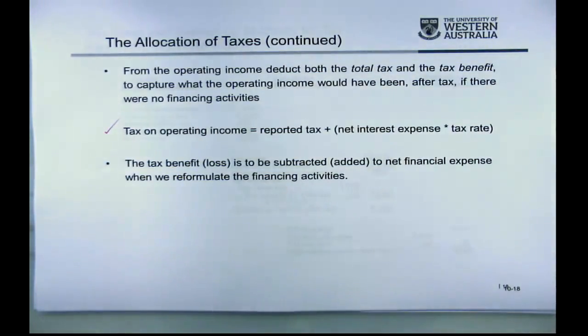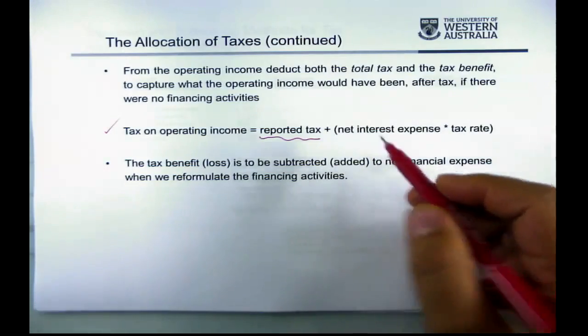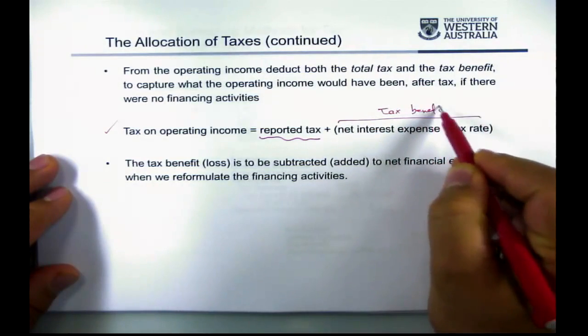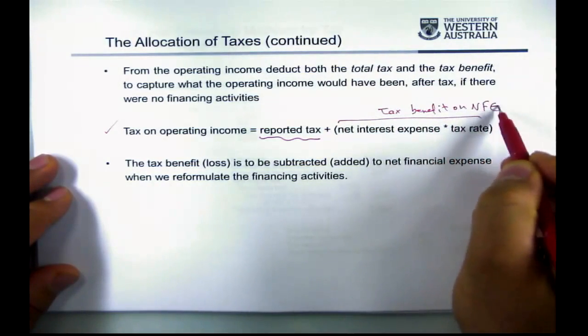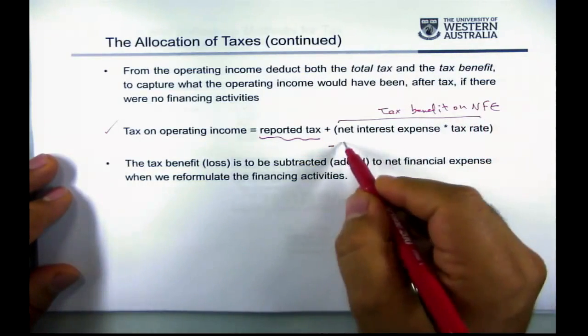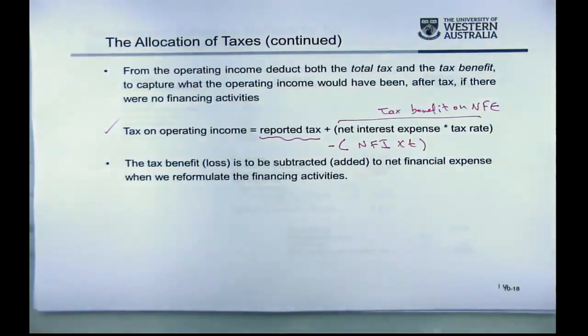Tax on operating income is just equal to the reported tax plus the tax benefit on net financial expense, or minus the tax on net financial income, or minus net financial income times the tax rate. So it depends on whether we have an income or an expense. Okay?